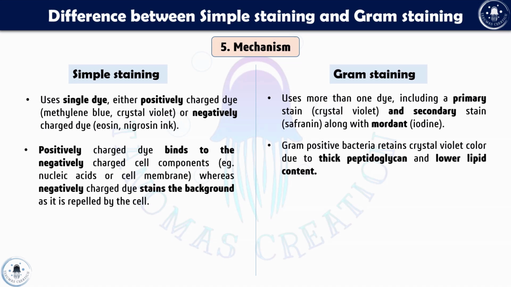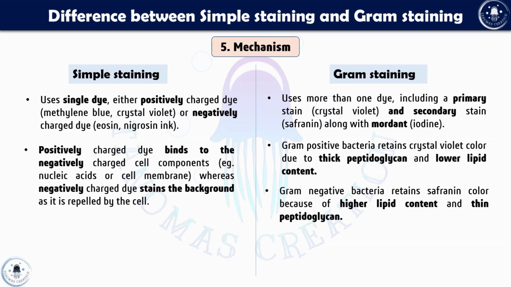That's why it retains the crystal violet. Whereas the gram negative bacteria retain the safranin color because of their higher lipid content and thin peptidoglycan. Now gram negative bacteria also have an outer membrane which is not present in the gram positive bacteria. Okay, so this is the mechanism behind the retention of the different colors of the dye.